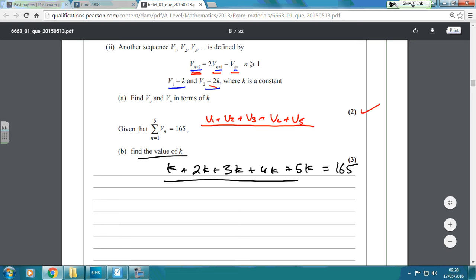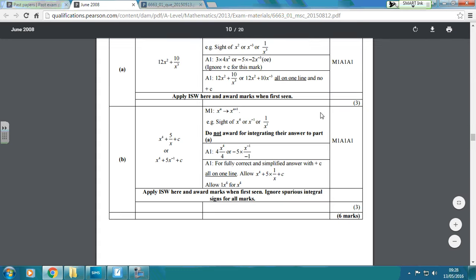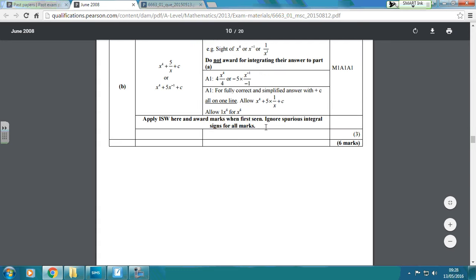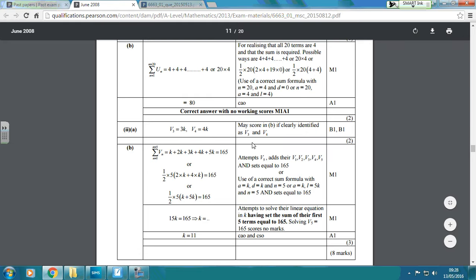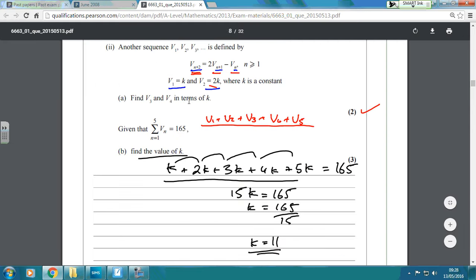So that's going to be 3K, 6K, 10K, 15K. 15K equals 165. So K equals 165 divided by 15. Well, we know that 10 15s are 150, so 11 15s must be 165. So K equals 11. And again, if we check our answers, K equals 11. Hooray!